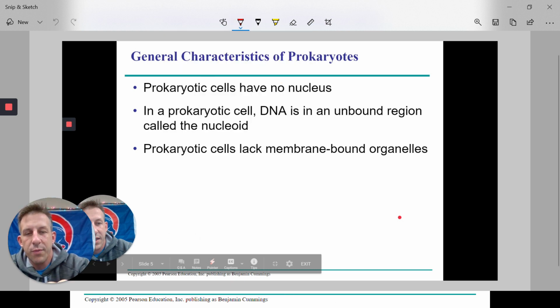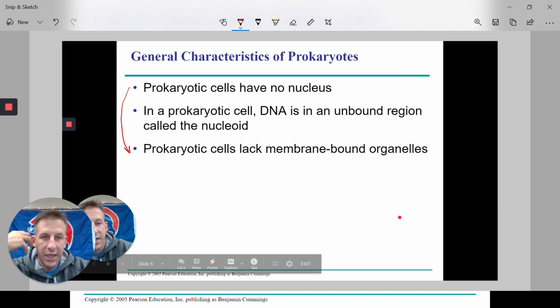The reason that prokaryotes have no nucleus is also linked to this right down here, that prokaryotic cells lack membrane-bound organelles. And if you look at what the nucleus is inherently, it is a membrane-bound organelle. So if you're looking at a microscope and you don't see any straight up organelles like we normally would see, then you're looking at a prokaryotic cell.